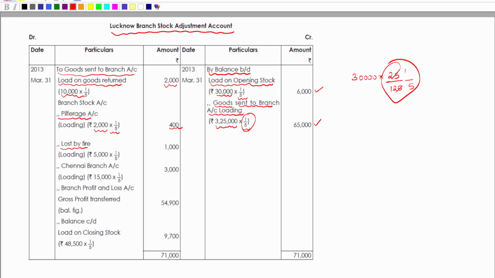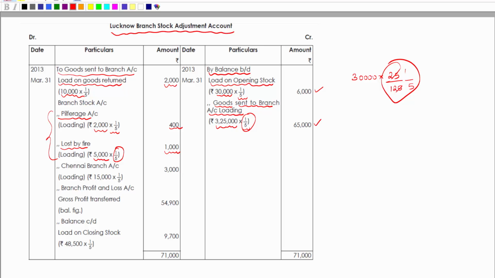I'm sorry, the entry is actually branch stock adjustment account debit to the respective pilferage or goods lost by fire. But here we have to notice we have to remove the profit element, and in case of goods lost by fire 5,000, the profit element is 25 by 125, that is 1 by 5, and it works out to 1,000.